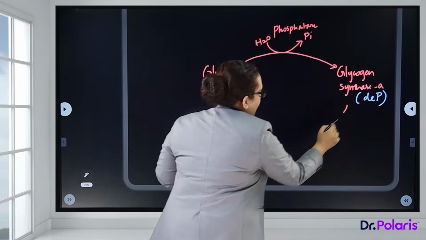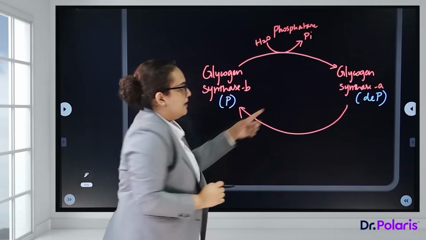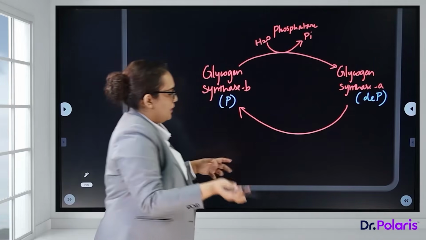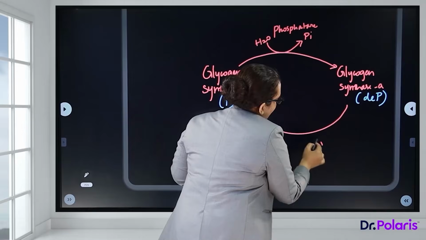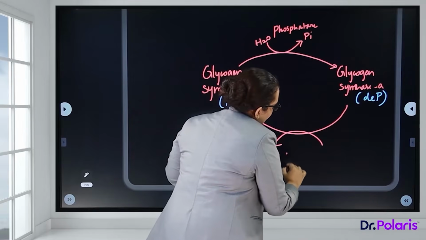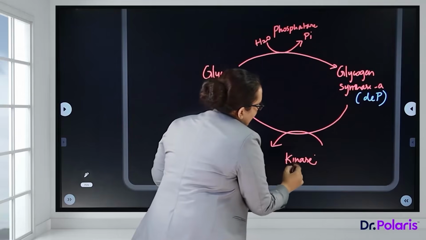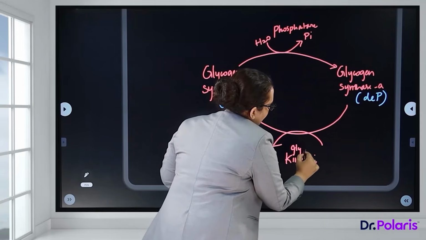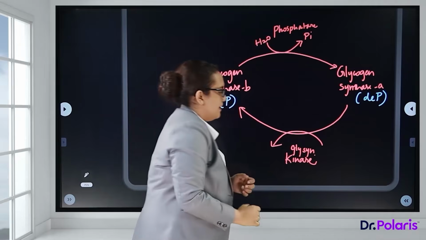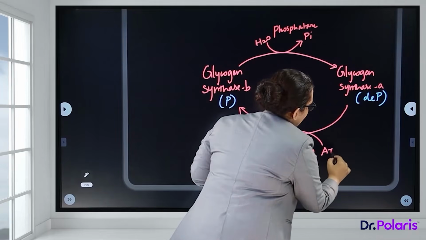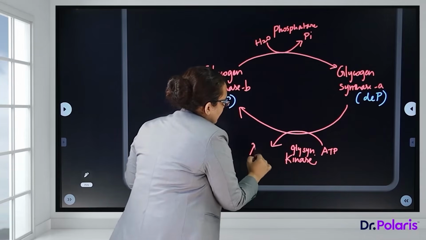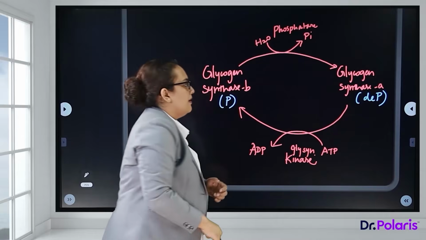And in order to convert dephosphorylated to phosphorylated, you need to add a phosphate group. And who usually does that? It's a kinase that adds a phosphate group. So I'll call this glycogen synthase kinase, and ATP acts as a donor, adds a phosphate group, and you have ADP here.